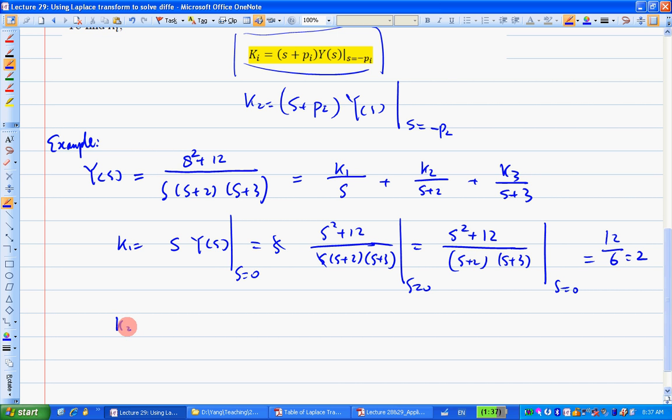Okay, so k2, same thing, will be s plus 2 multiplied by Y of s. Then you set s equal to negative 2. So s equal to negative 2 is the pole for this one here. Basically s plus 2 is cancelled.